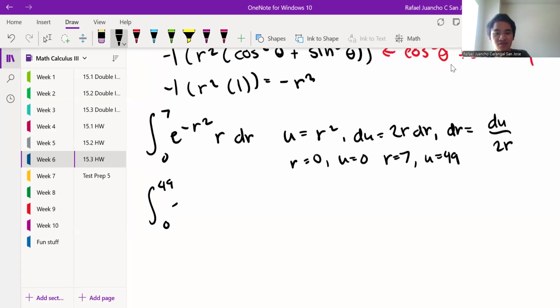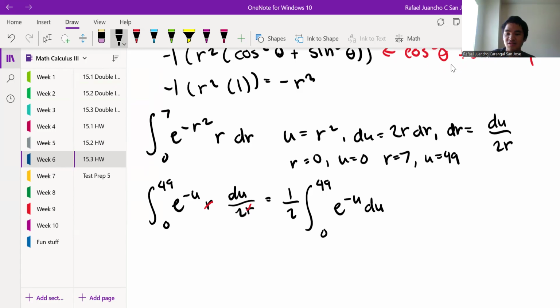0 to 49, e to the negative u, r, and then du over 2r. Here I get to cancel out the r's. And so I get 1/2 outside, 0 to 49, e to the negative u, du.